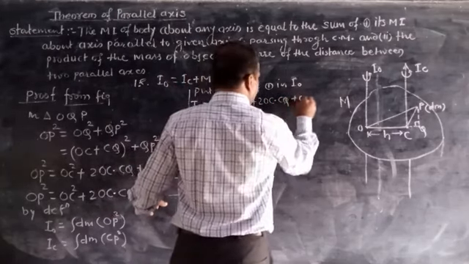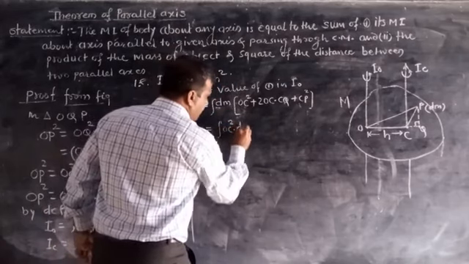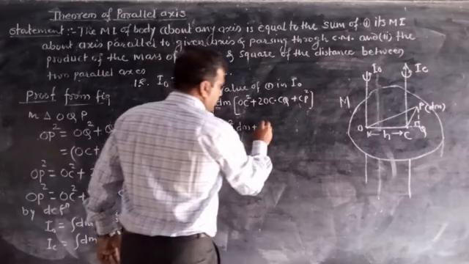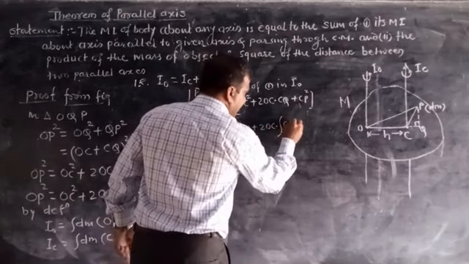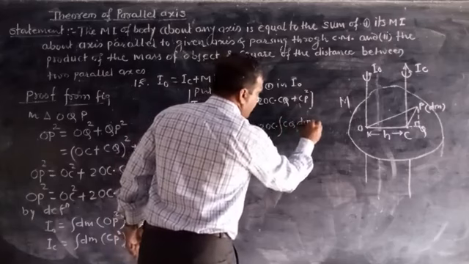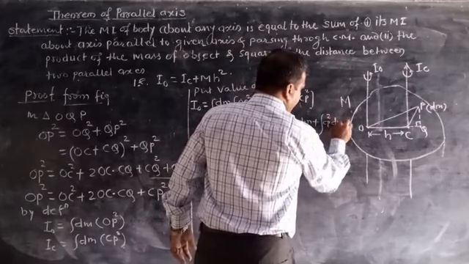Now taking the integral, we get integrating OC square into dm plus twice OC into integrating CQ into dm plus integrating CP square into dm.